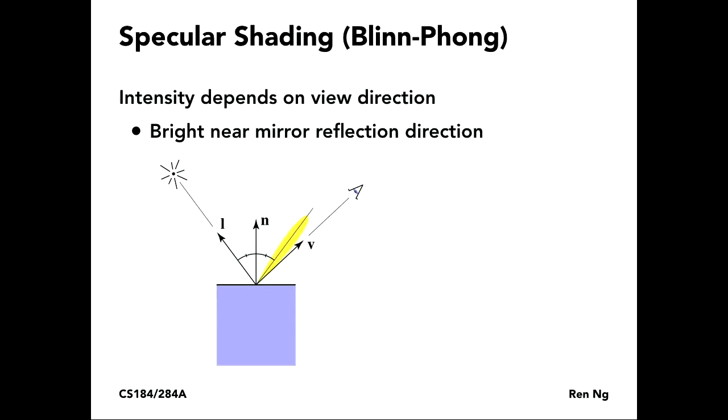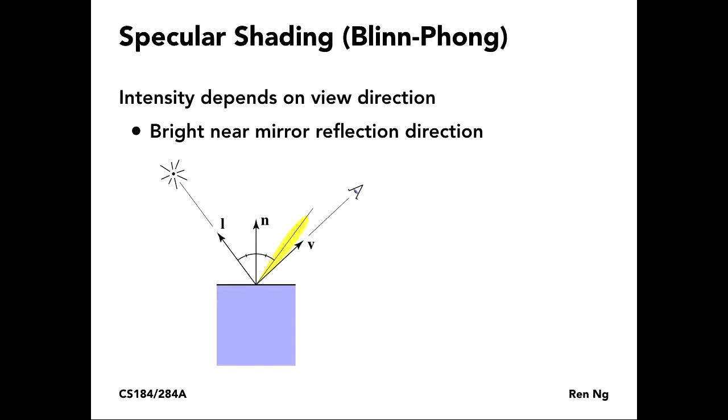In particular, this specular shading model, which was developed by Bui-Tong Phong and Jim Blinn, is sort of a hack that produces this kind of effect phenomenologically. There's an observation that usually the reflection portion is brightest when you're near the mirror direction. So what does that mean?